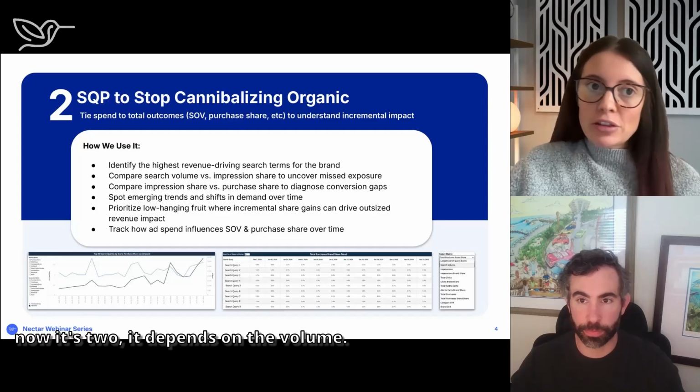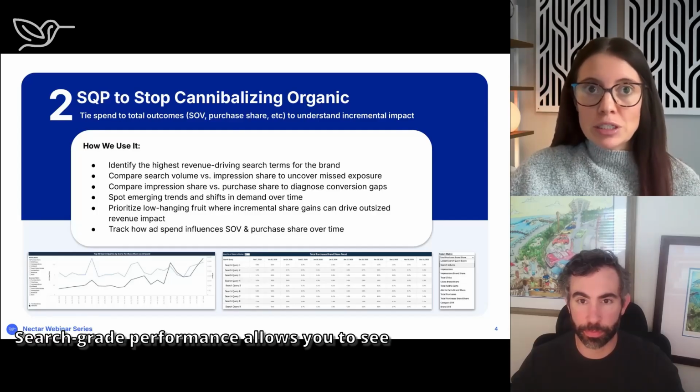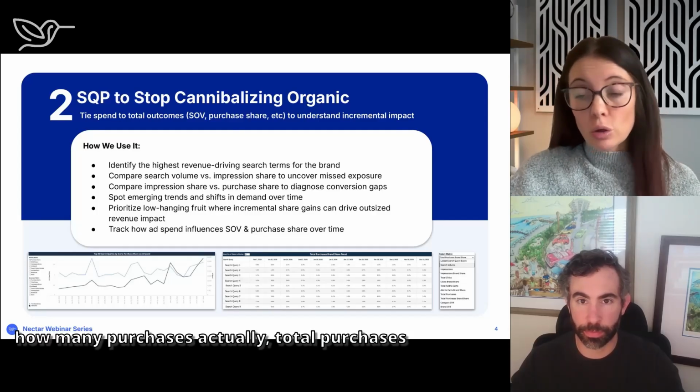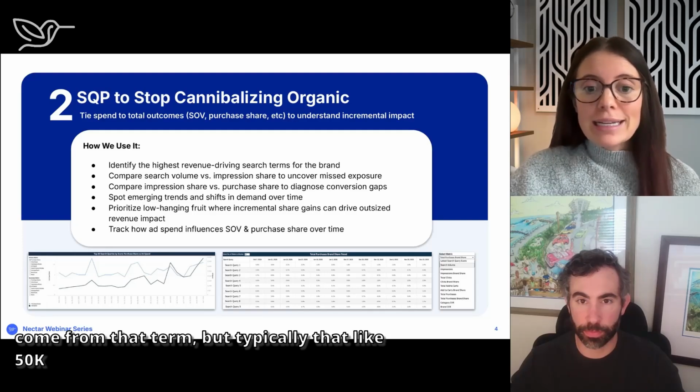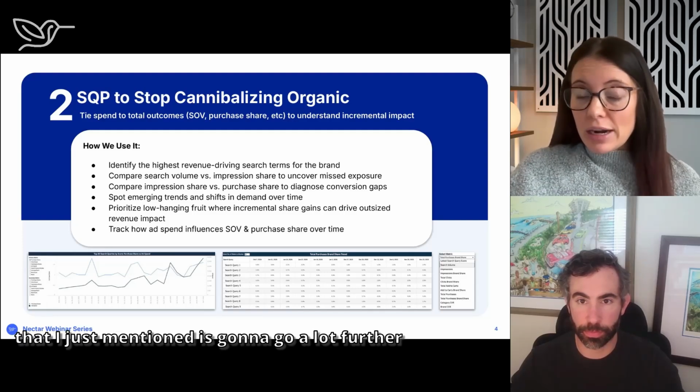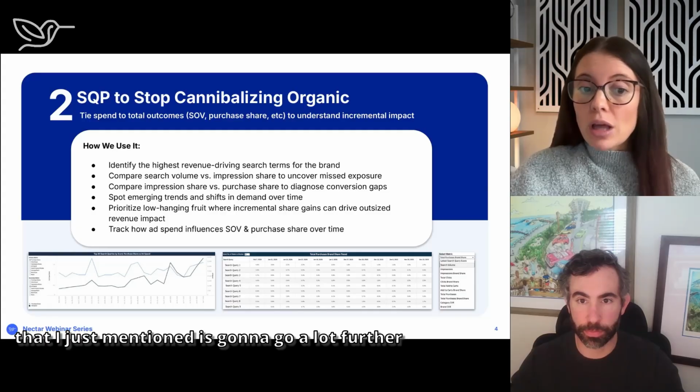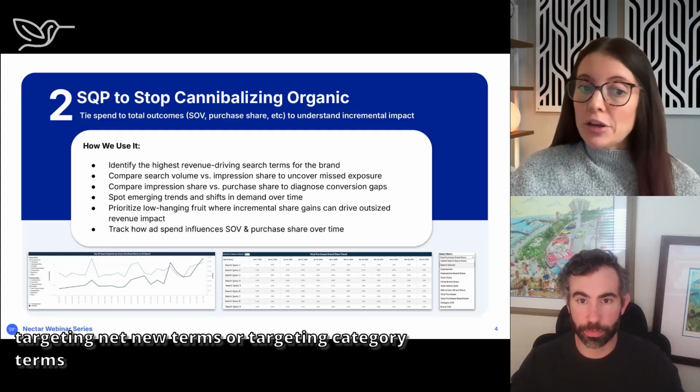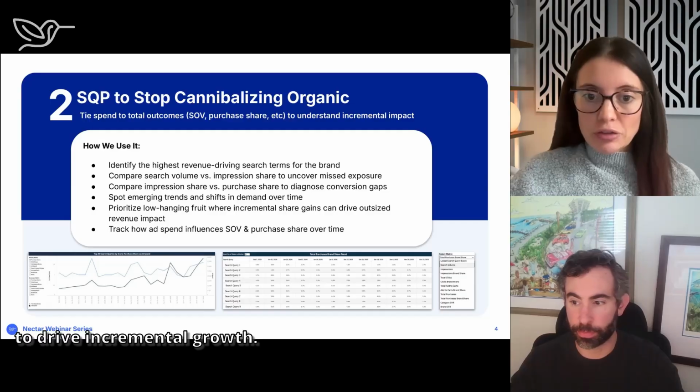Now it's 2%. Depends on the volume. Search query performance allows you to see how many total purchases actually come from that term. But typically that 50K I just mentioned is going to go a lot further targeting net new terms or targeting category terms to drive incremental growth.